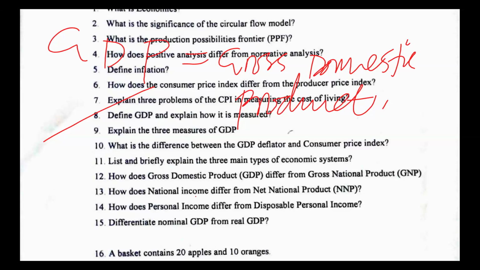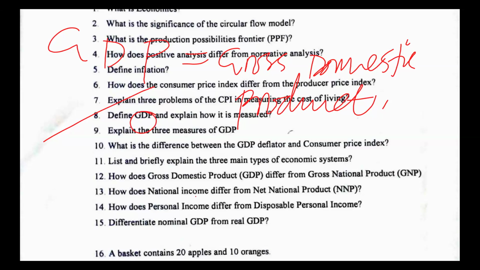So gross domestic product, GDP, is basically one of the measures of national income. We are using this measure to measure how the economy of the country is, whether this economy is doing fine or is doing badly.